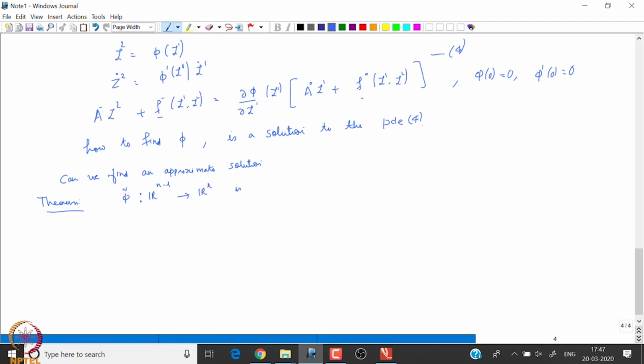And it's a C^2 mapping, which satisfies phi tilde at 0 equal to 0, phi tilde dash at 0 also equal to 0.